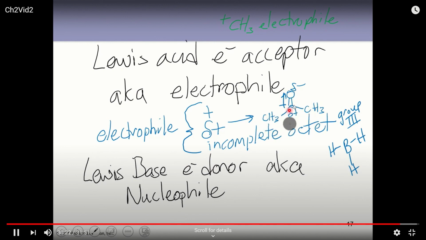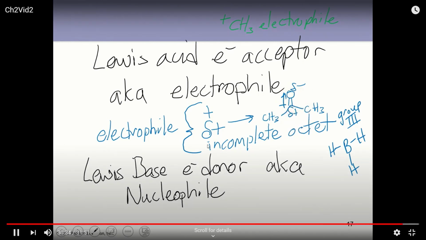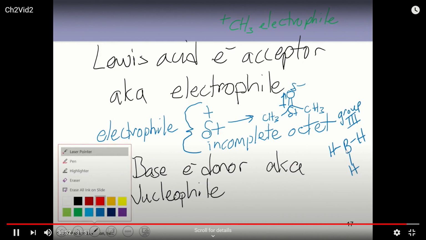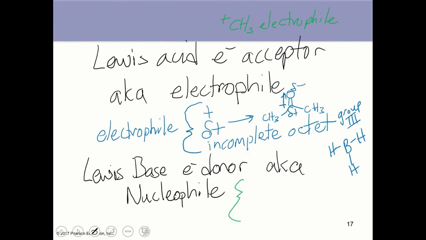So the carbon has a partial positive charge and can act as an electrophile. And for incomplete octet, these are going to be the atoms in group 3. That's our primary example, and the one that we will most commonly encounter is boron. This has an incomplete octet. It doesn't obey the octet rule.